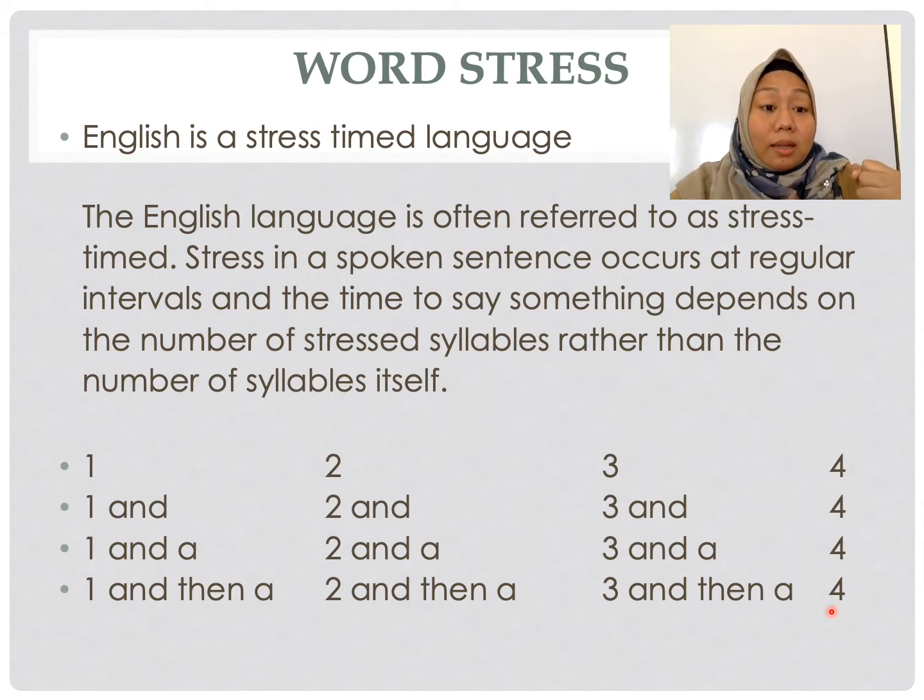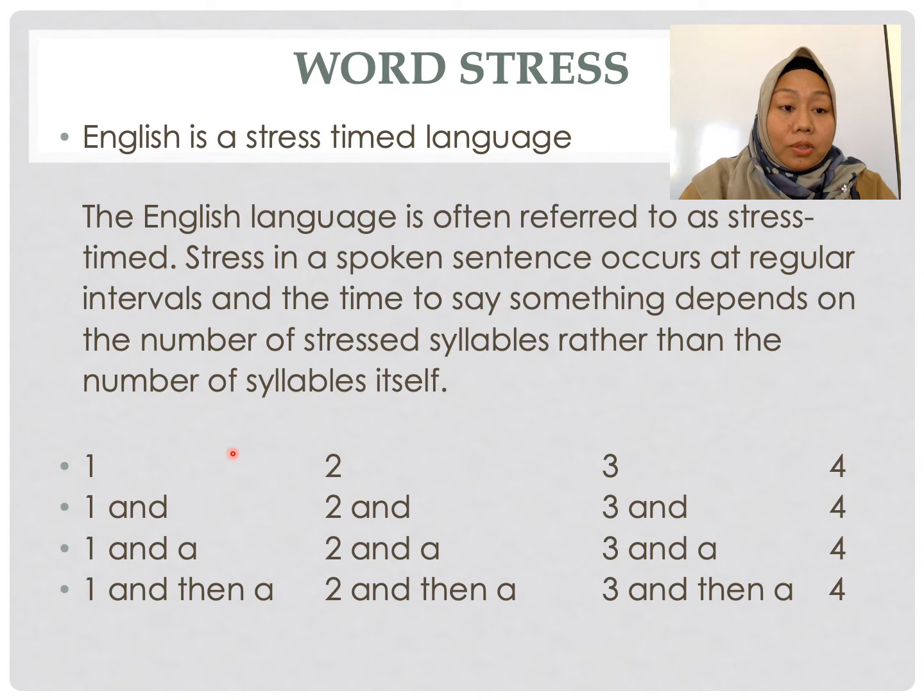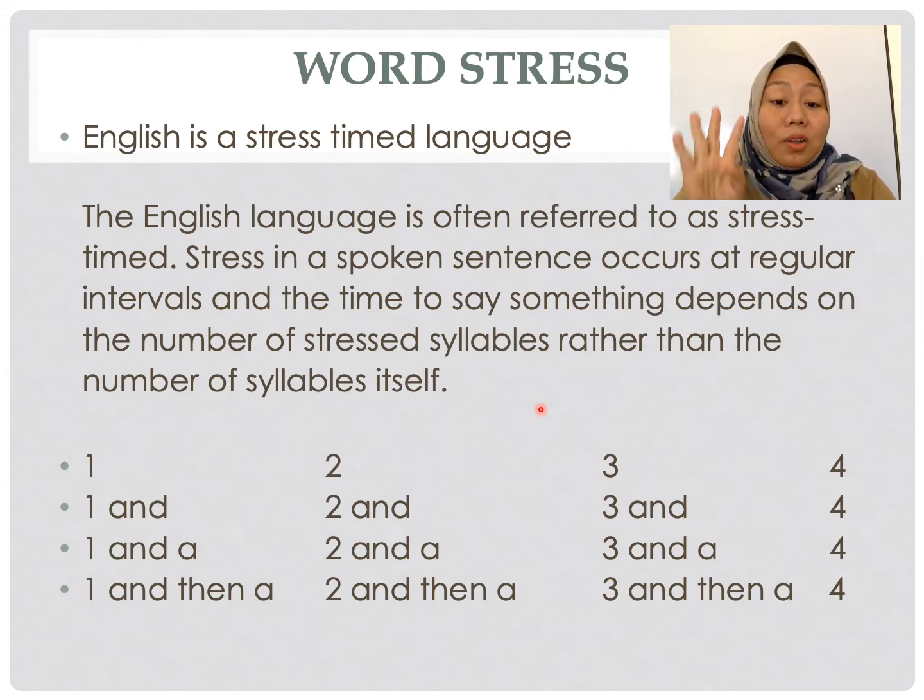So for the first row, it is 1, 2, 3, 4. Okay, I hope you can hear the beat. And then the second row, it is 1 and 2 and 3 and 4. So see, the beats are still 4. So it doesn't change the beat.